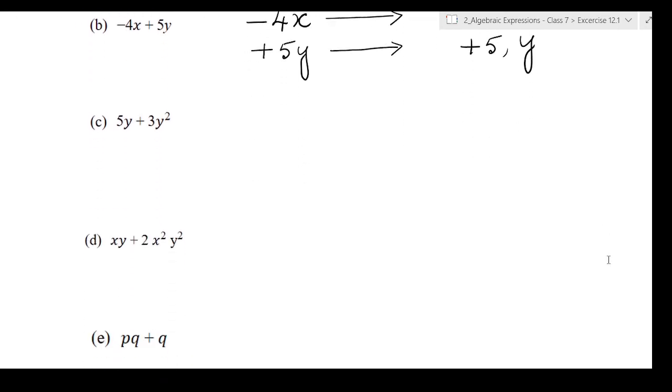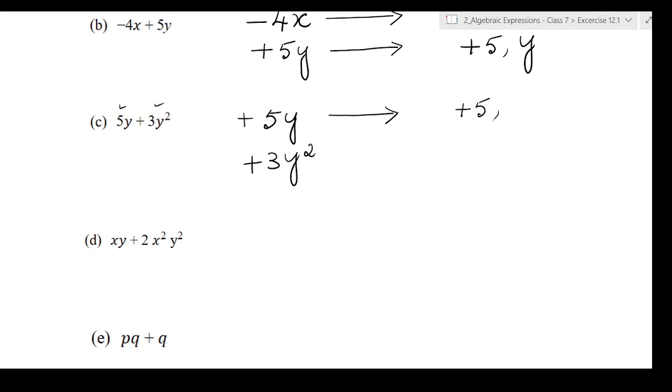Next one, 5y plus 3y square. Again, there are two terms in this expression. So which are the two terms? 5y and plus 3y square. If there is no sign, it is plus only. What are the factors of plus 5y?